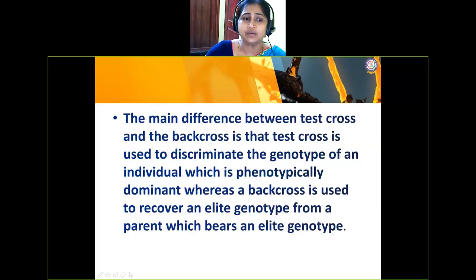So what is the main difference between the test cross and backcross? It is a 2-mark question, and they may ask it in a 1-mark question also. How will you find the genotype?